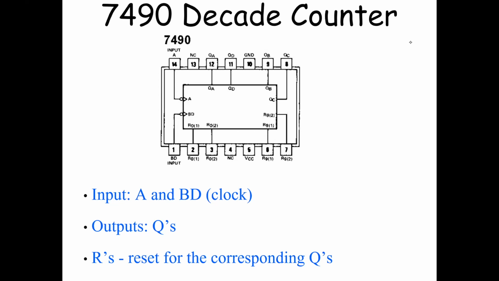Okay, now let us look at the pinouts. The inputs A and BD, so A is here and BD is here, are basically the clocks. The outputs are QA, QB, QC, QD. We had 4 outputs, A, B, C, D, and those are the ones you will use to interpret ABCD.